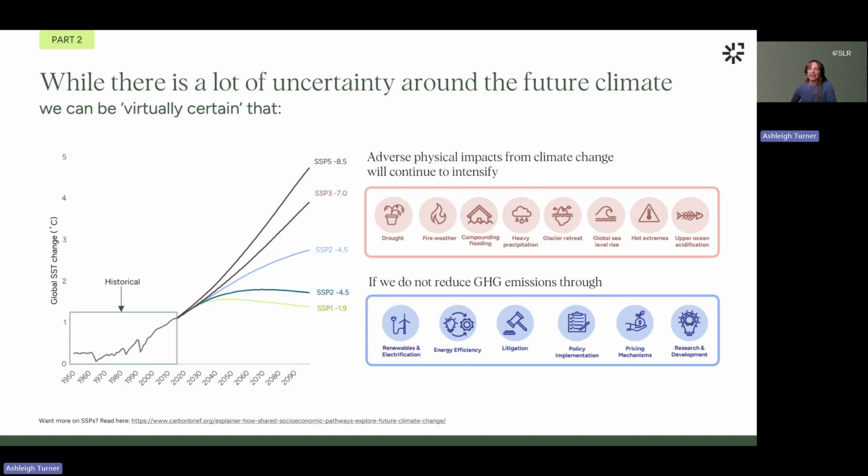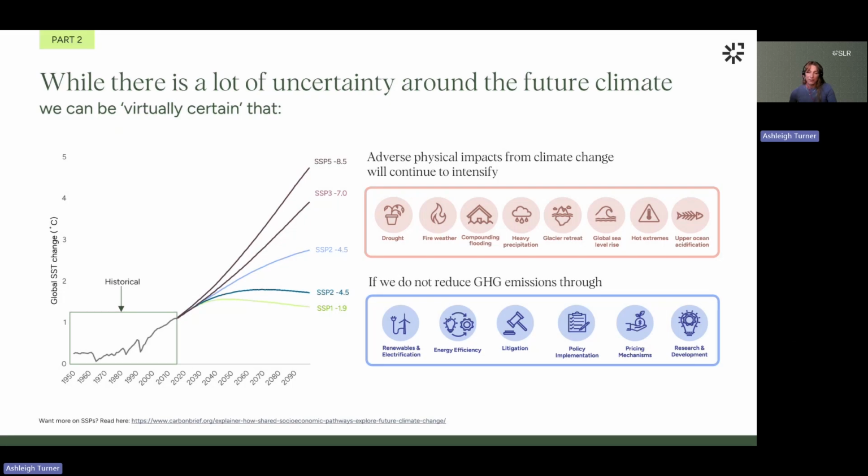So the pace here matters. If we see a rapid, orderly transition, it's going to create more manageable, more predictable change, and it will reduce physical hazards. But if we see a more delayed transition and then a sudden shift, it can create more abrupt transition pressures.